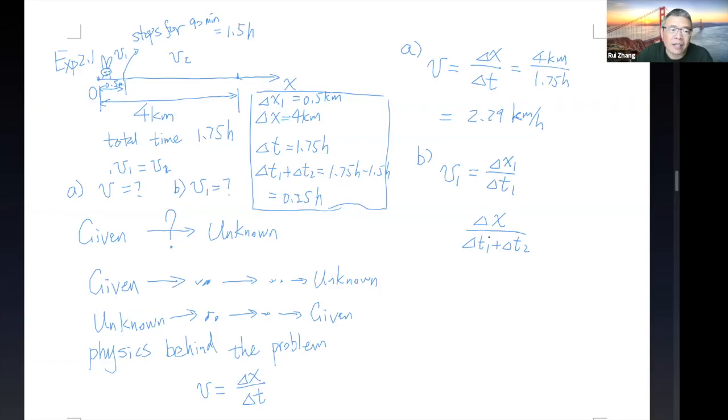This would give us the average velocity of the motion. Because V1 equals V2, I'll call this V moving, and that's also just V1. So V1 equals V moving.